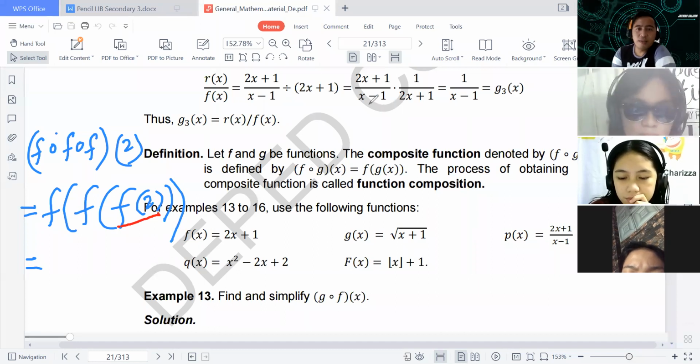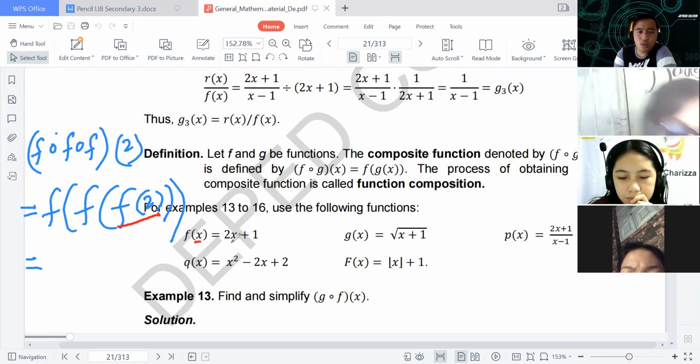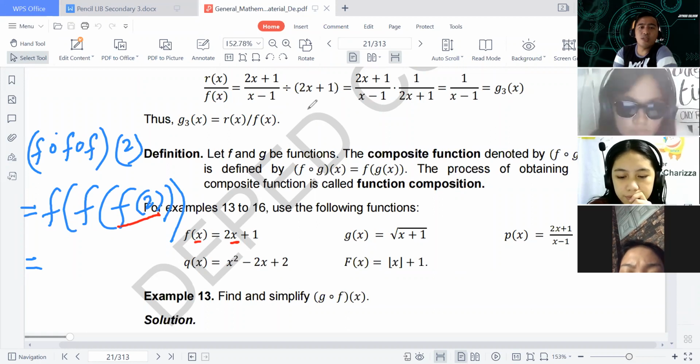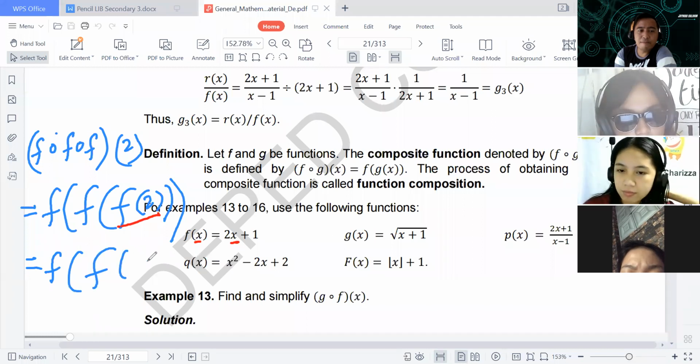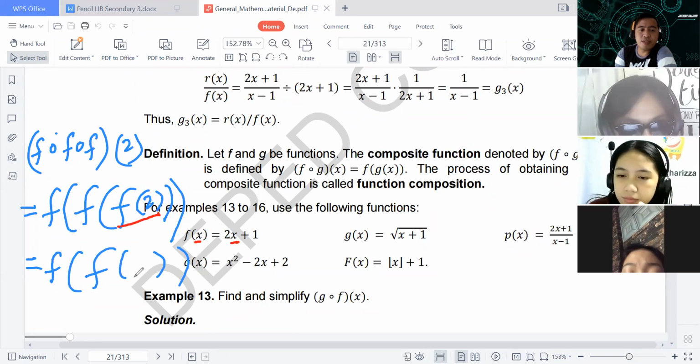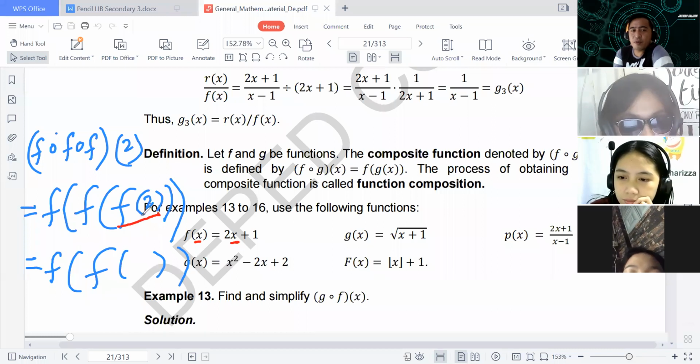How to do it? So, you will perform f of 2. So, this is your function f. So, if this is 2, this is 2. So, say your answer, class. You can give me the answer. If you perform f of 2 here. Anyone?